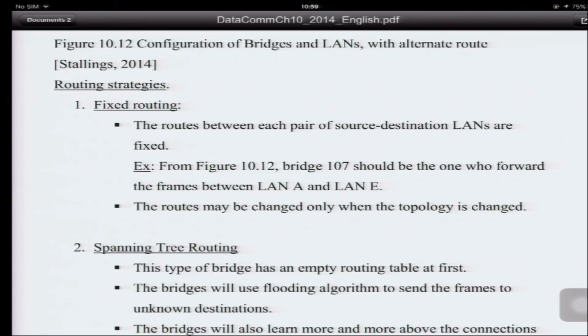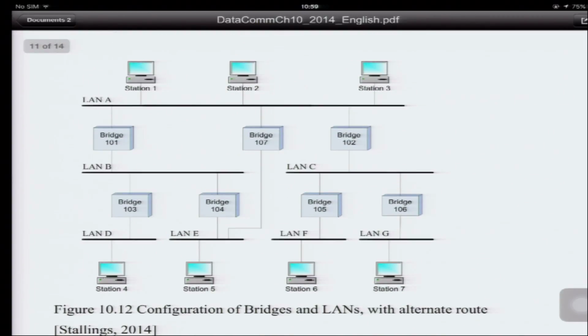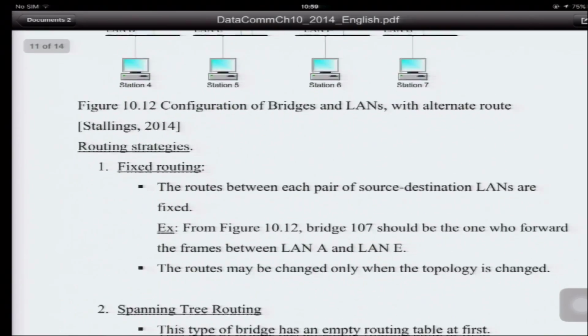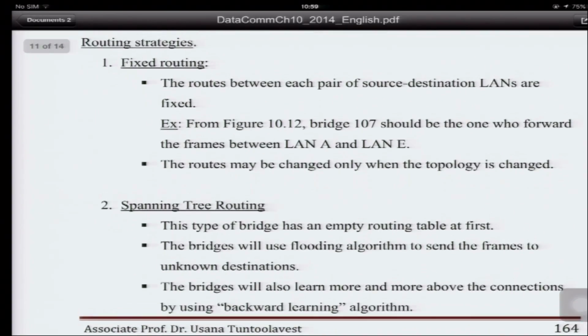For example, if you want to connect LAN A and LAN E, you should use bridge 107 instead of 101 and 104. If the topology is changed, which means that you change the connection of the bridges, then you can change the route. If not, you always use the same route.